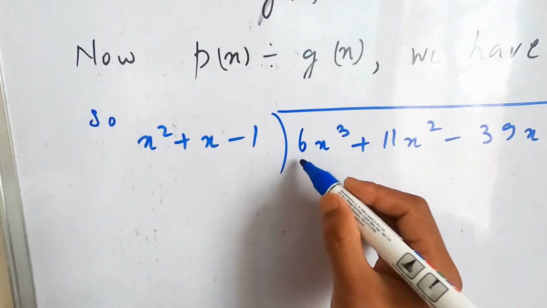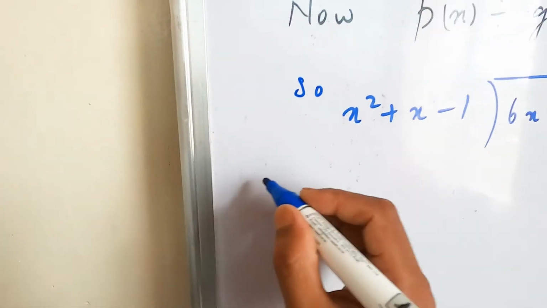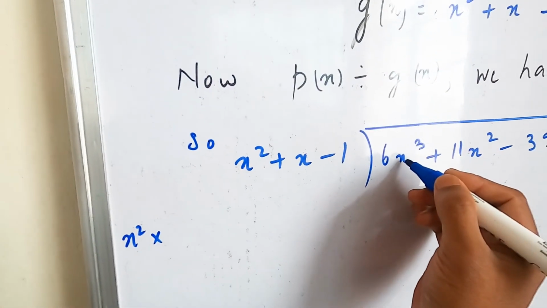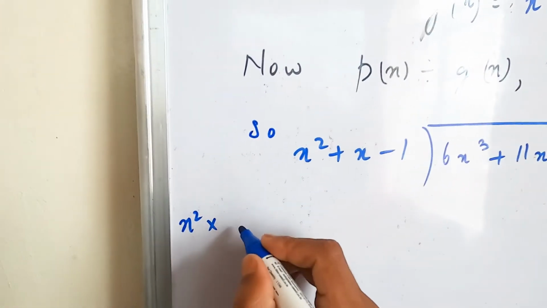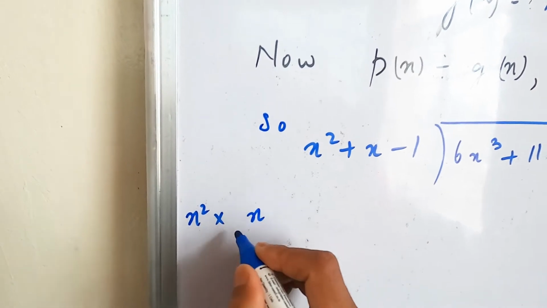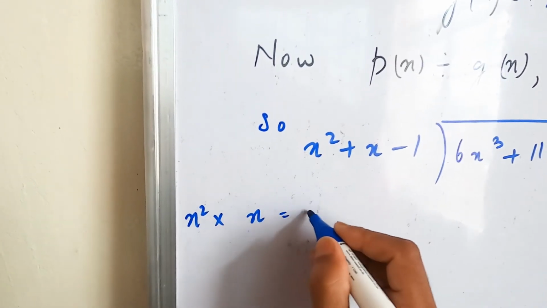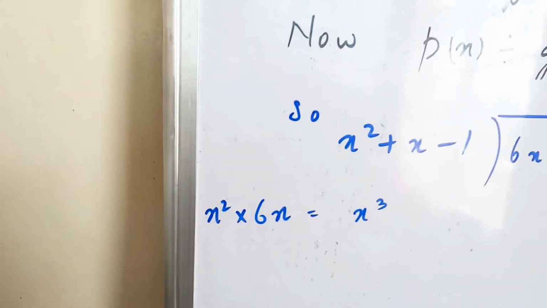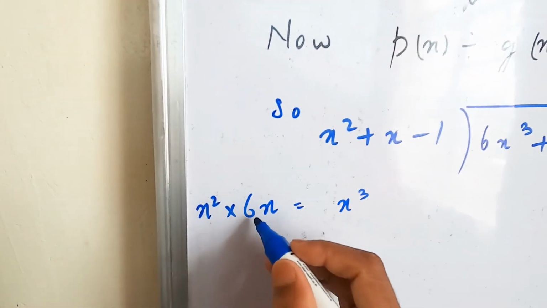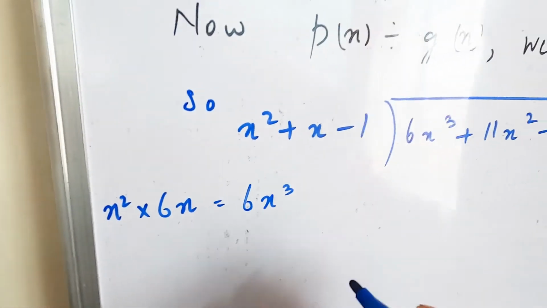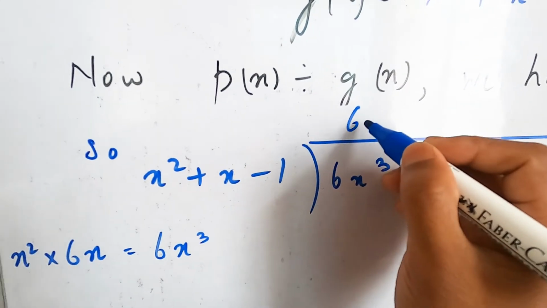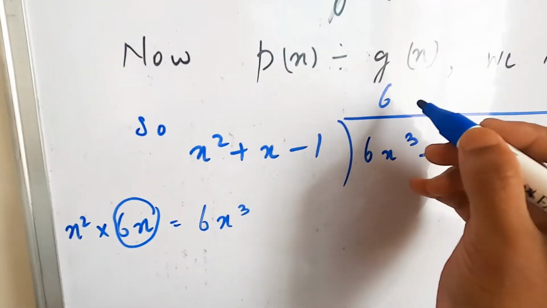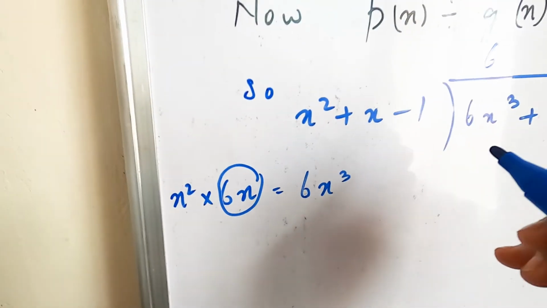So in this case, same thing, 6x cubed. In this case the power is x cubed, so we will simply multiply x square by x, because x into x we will get x cubed, and here we have 6, so we will simply write here 6. So x square into 6x we will get 6x cubed. So in this case the quotient will be 6x.